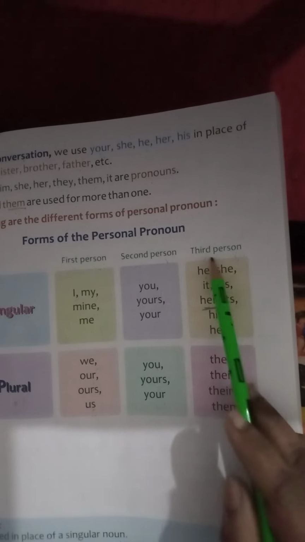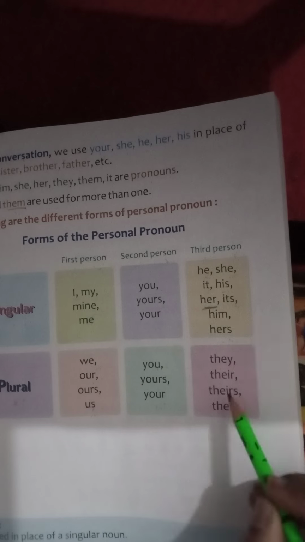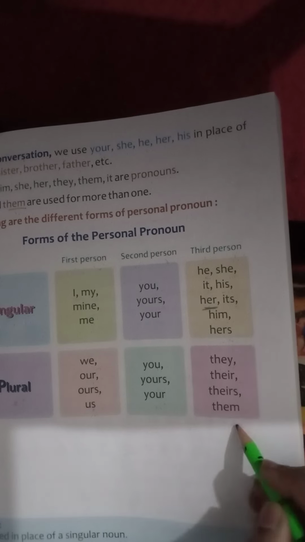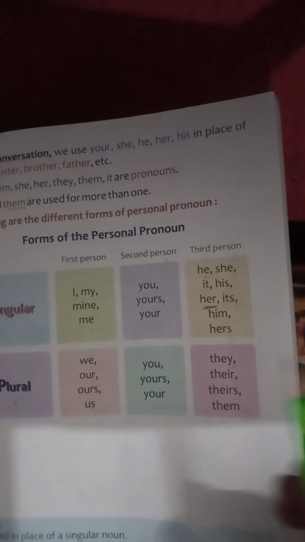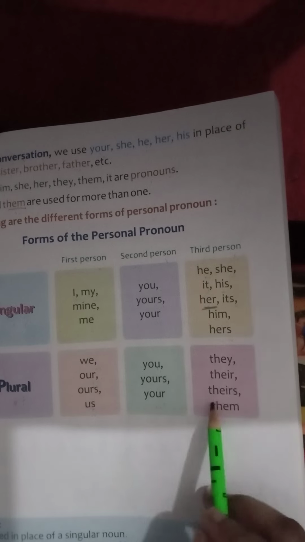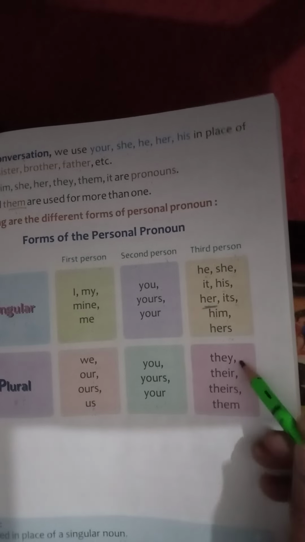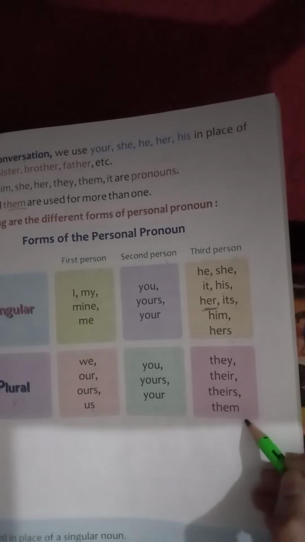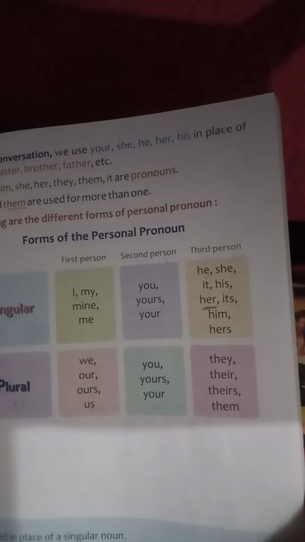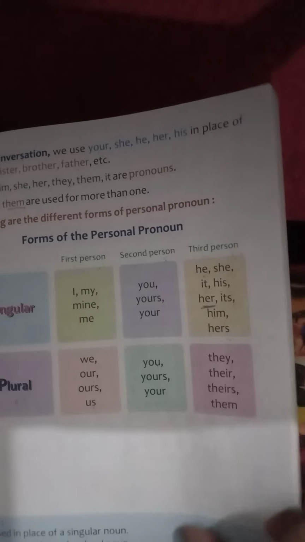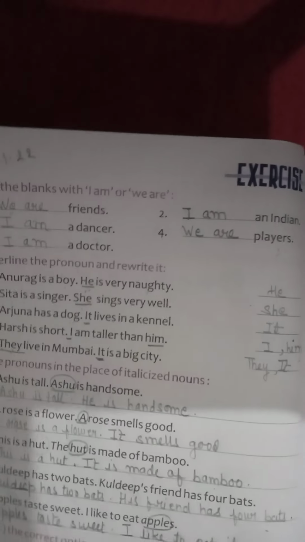When two people talk about somebody else, that is called third person, and they will use they, their, theirs and them. I hope you understand pronouns very well in this chapter.